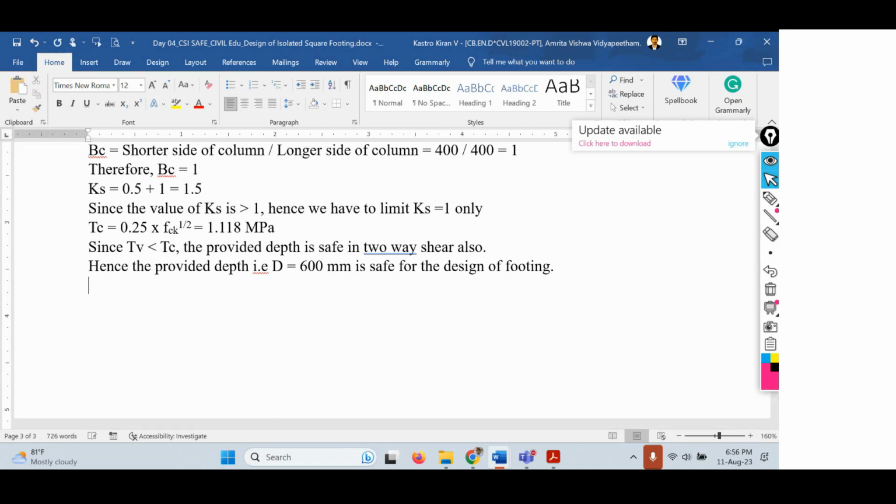So the final design details. What are the final design details? We have to write the length of the footing and width of the footing. So length of the footing, LF, equals width of the footing, BF, equals 2.8 meters.